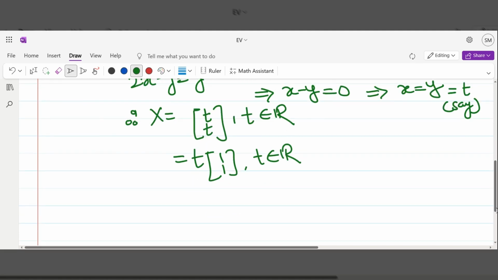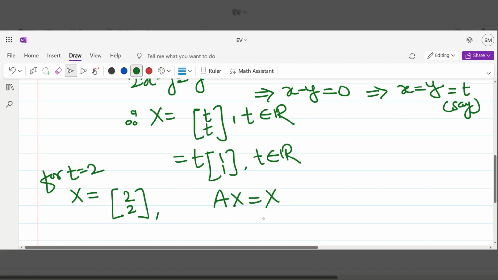If I take particularly t equal to 2, this x becomes 2 2. So for this vector 2 comma 2, A into x will be x. Not only 2 comma 2, for 3 comma 3, 4 comma 4, or in general t comma t, A into x will be x. So what happened here?